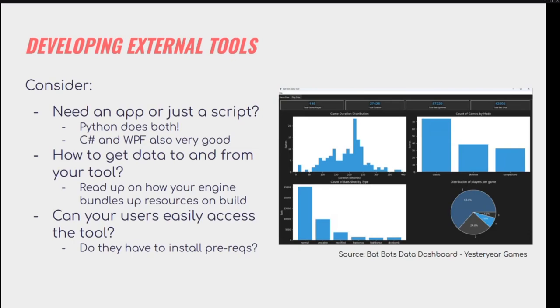You do need to consider, because you're working on an external tool, how you're going to get data to and from your tool, from your tool to the game and from the game to your tool, right? If you're using the editor as the bridge, then fine.